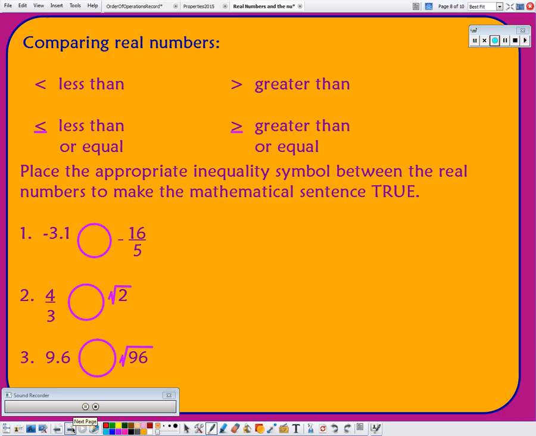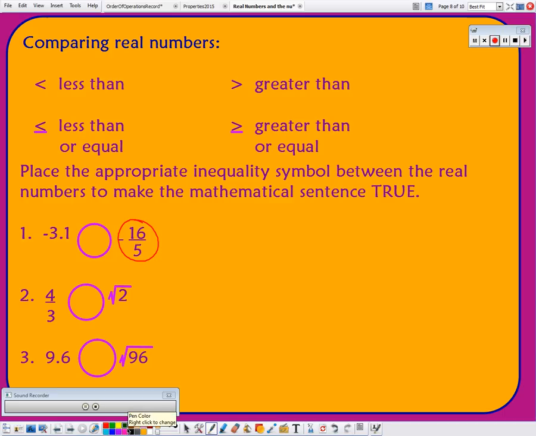Comparing real numbers. When we compare real numbers, we use these symbols: less than or equal to, greater than or equal to. So if I look at these, how does negative 3.1 compare to negative 16 over 5? Well, we need to know what 16 over 5 is, first of all.